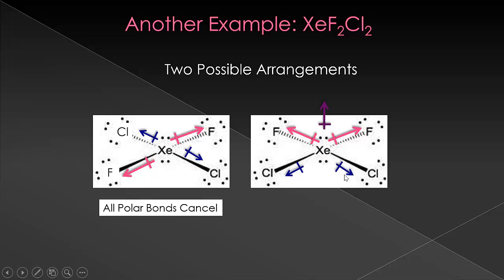But they're not going to all cancel equally. That's because this direction, coming out of the board at you, is smaller than the moment going into the board or away from you. And so because of that, the overall dipole is going to be in the direction right in between these 2 pink fluorines. The side to side cancels and it puts it in this direction.